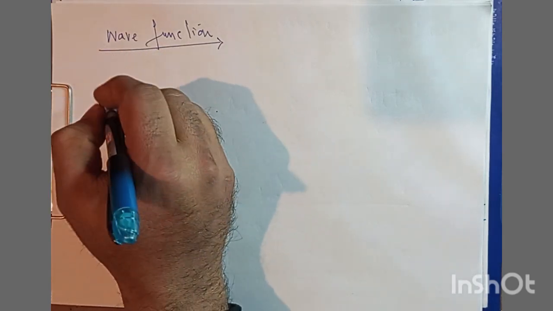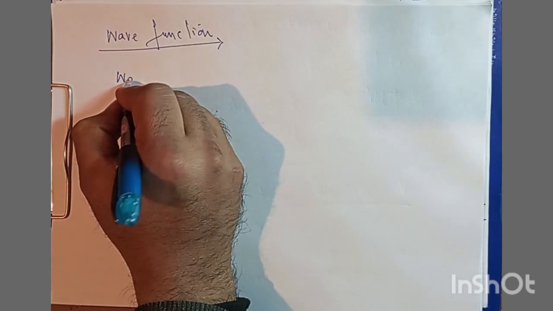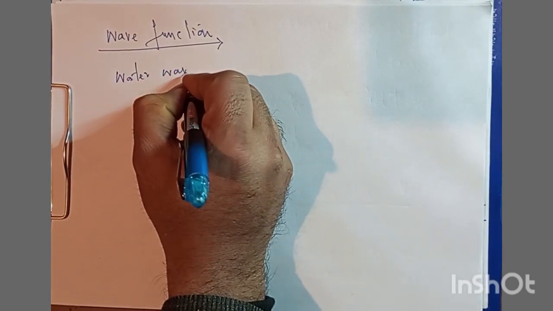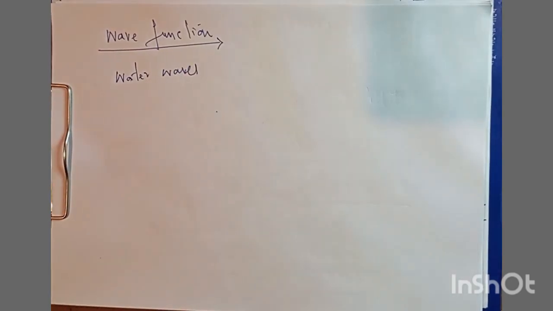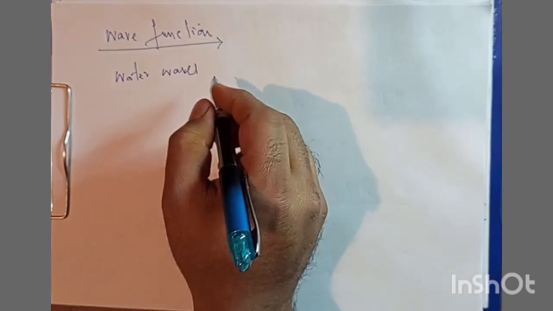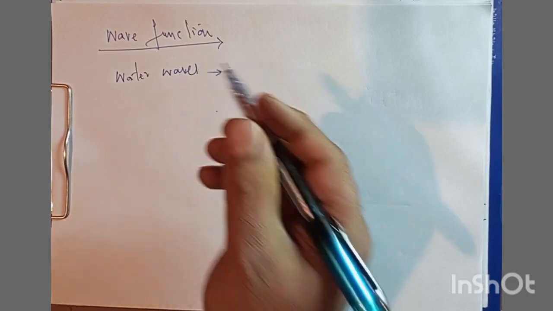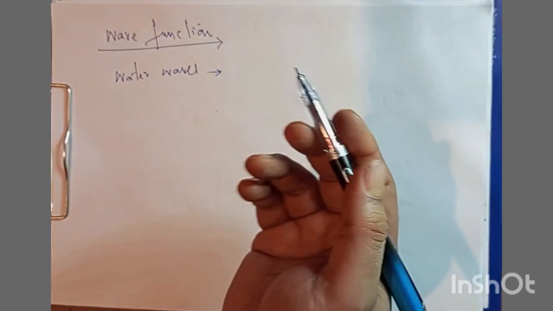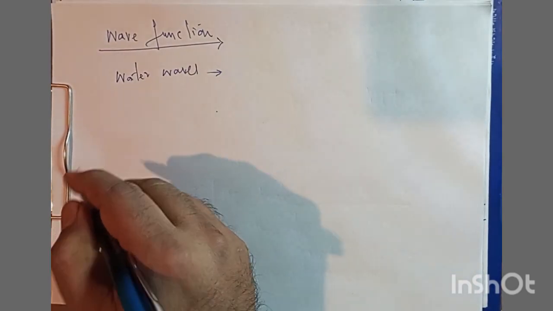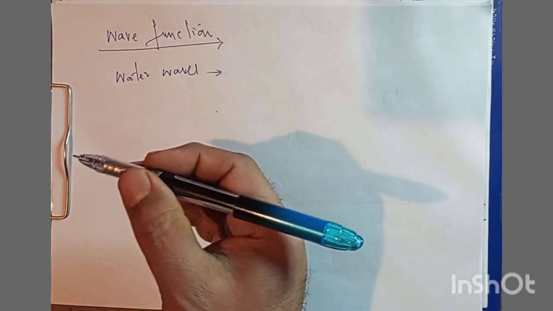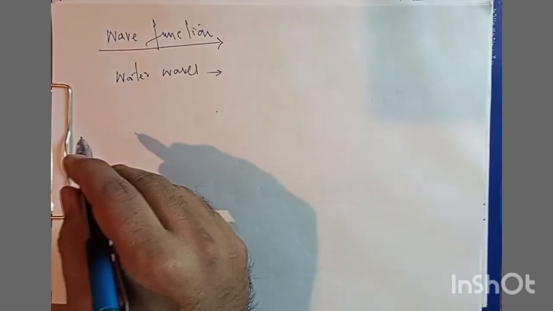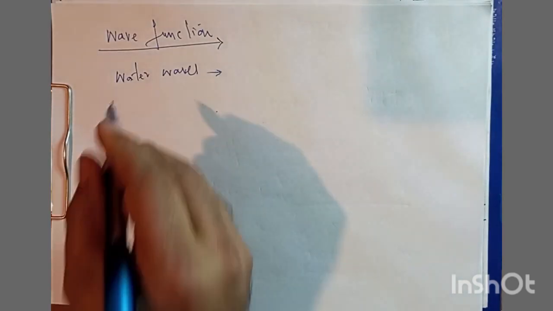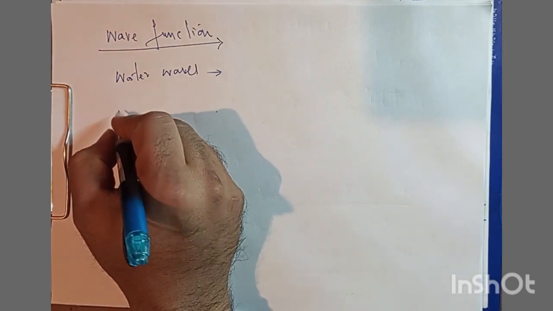Suppose we have water waves, right? Here we talk about the height of a wave and the waves that propagate on the surface of the water. We say that they are water waves, and then we have another class, say for example, light waves.